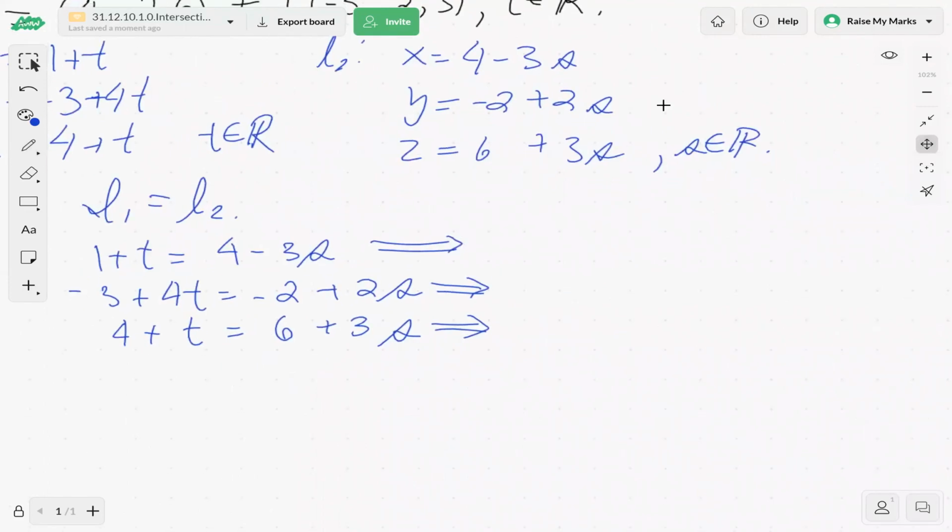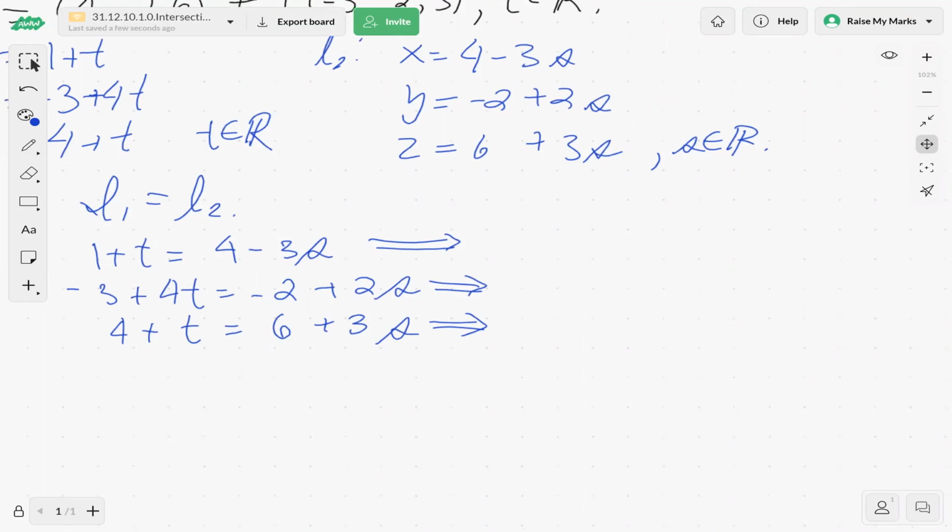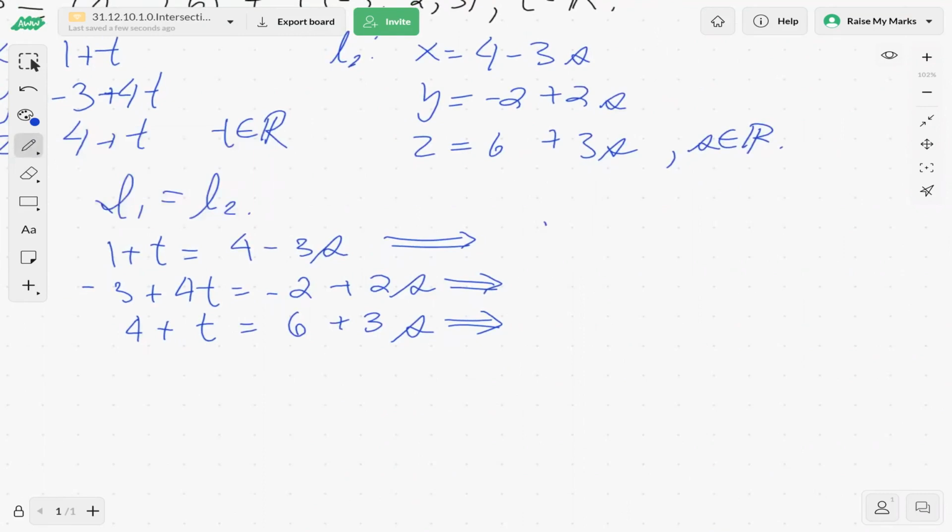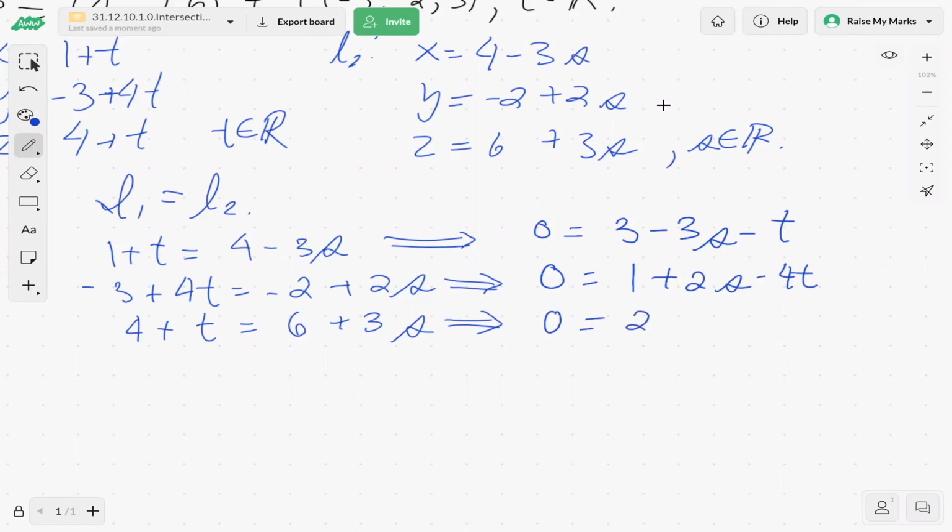Let's bring everything onto one side of the equal sign. So we have 0 equals 3 minus 3s minus t. 0 equals 1 plus 2s minus 4t, and 0 equals 2 plus 3s plus t.